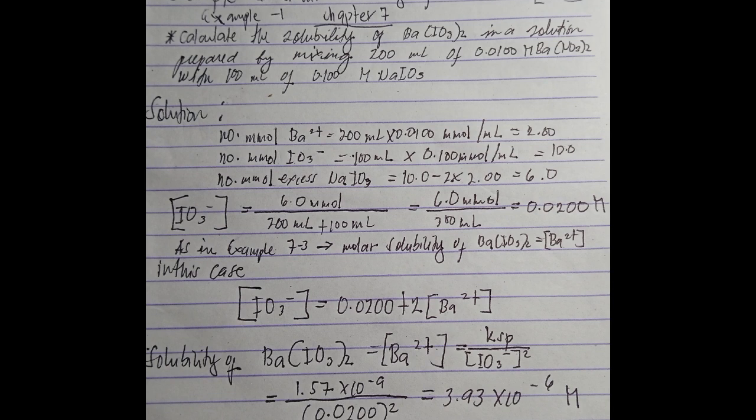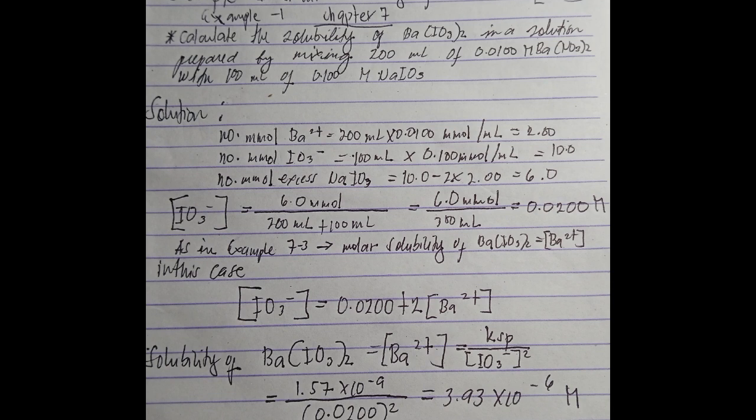The amount taken: the number of millimoles of Ba2+ is equal to 100 ml multiplied by 0.0100 millimole per ml, which is 2.00. In the second one, the number of millimoles of IO3- is equal to 100 ml multiplied by 0.100 millimole per ml.